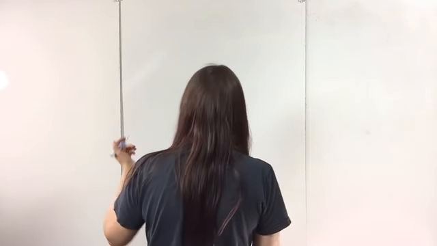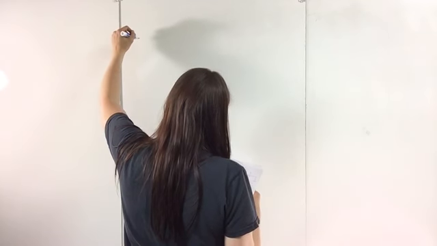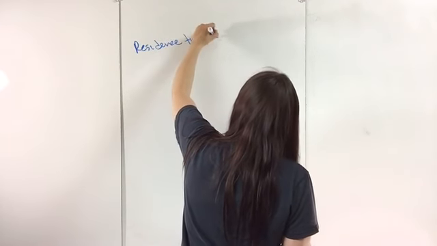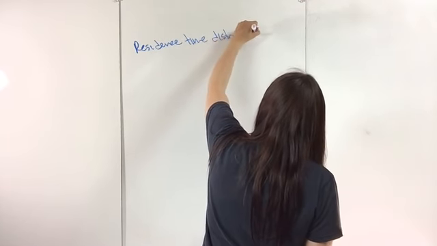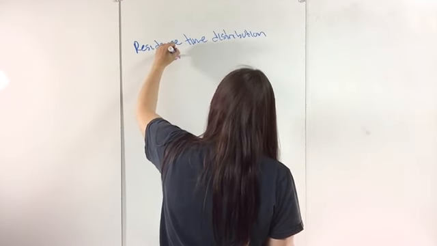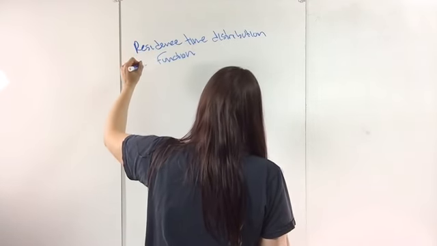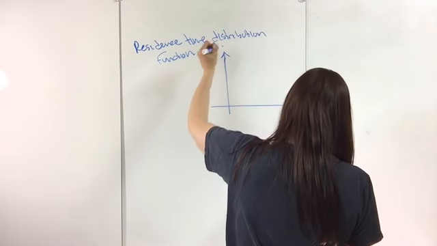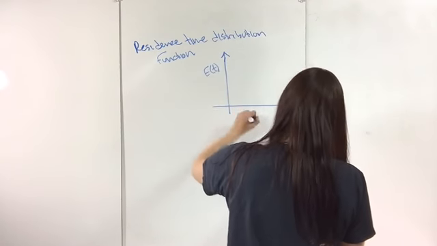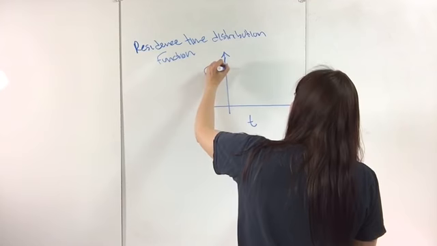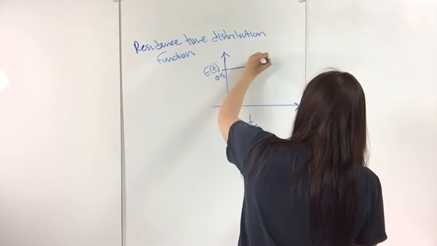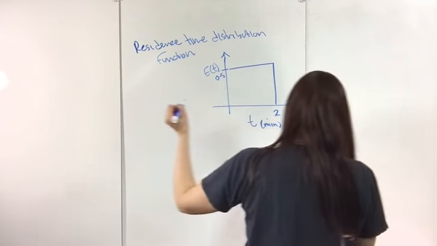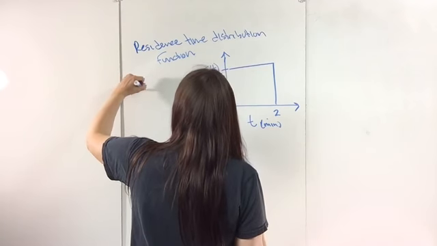So I want to do an example problem. You have a residence time distribution function, and this is the function, E of t versus t, with t from 0.5 to 2, in minutes. The reaction is half order.